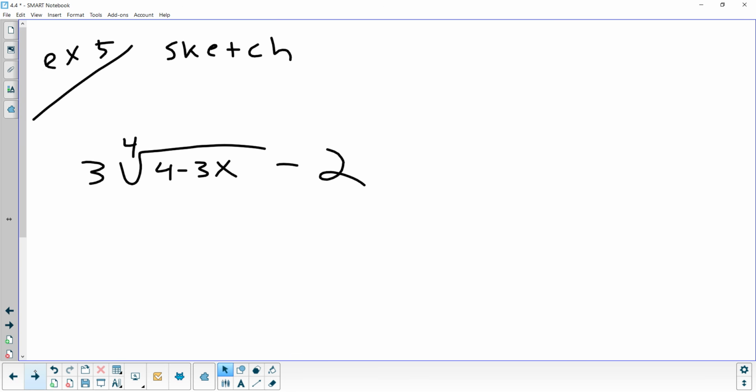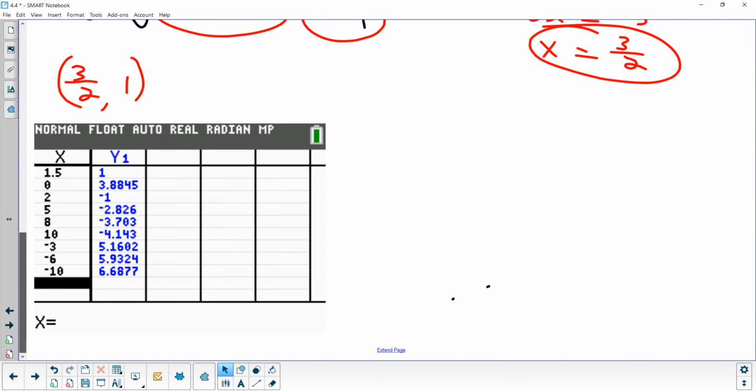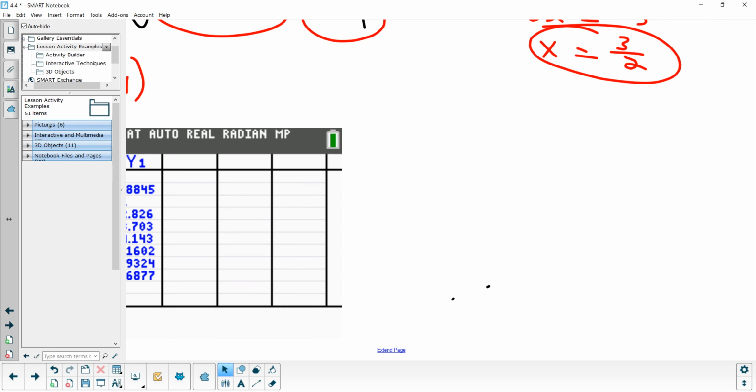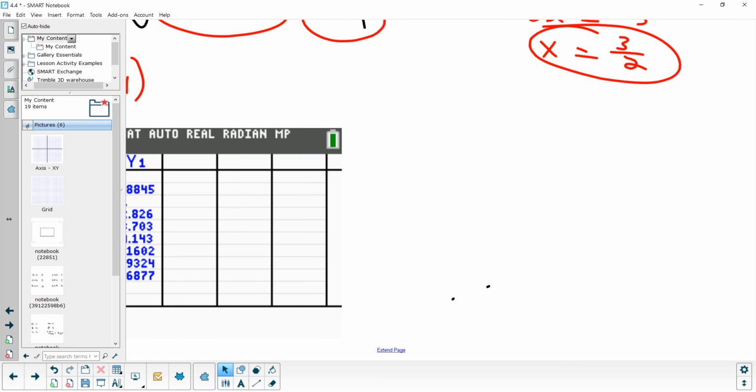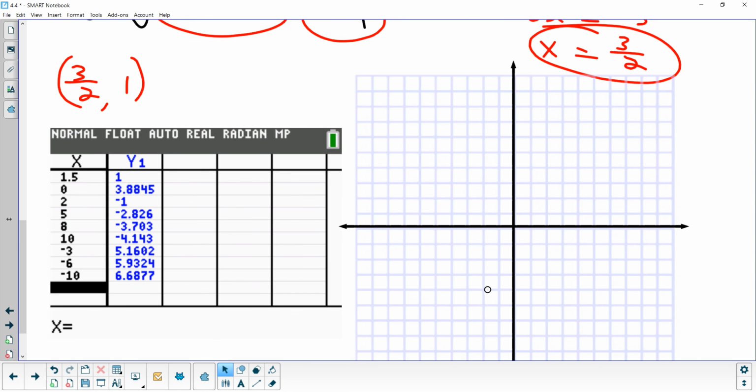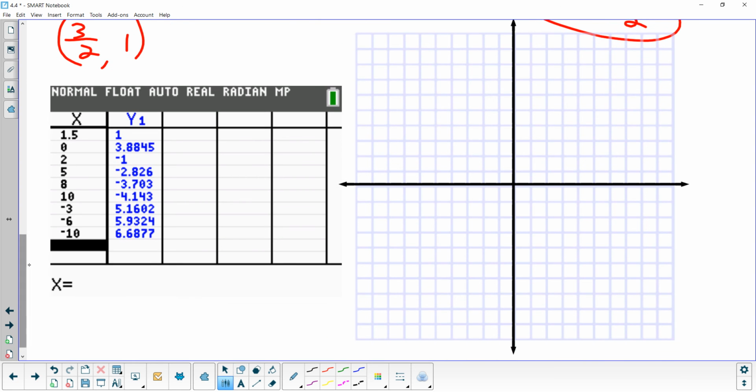And do I have a graph? Nope. Okay, so let me get a graph going. There we go. Place those. All right, and plot all these points.